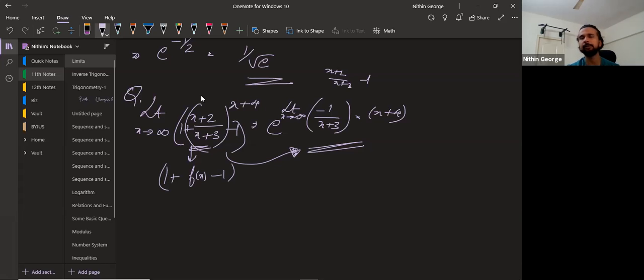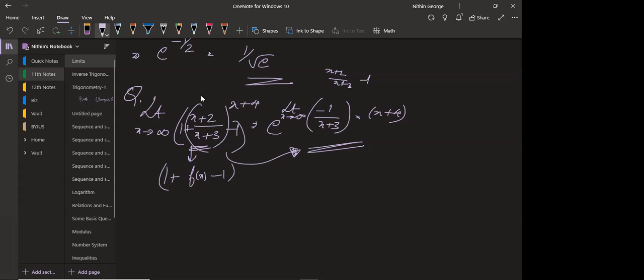But how do you solve this limit? How do you solve this limit? x tends to infinity, minus of (x plus 4) divided by (x plus 3). How do you solve this?